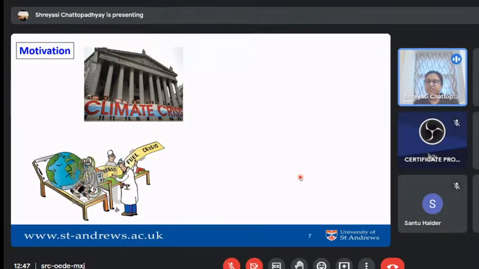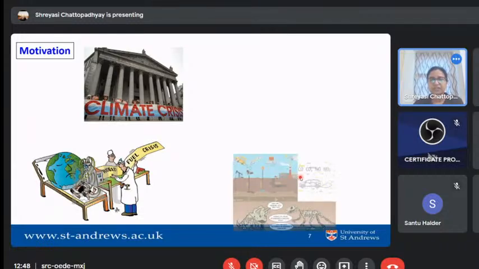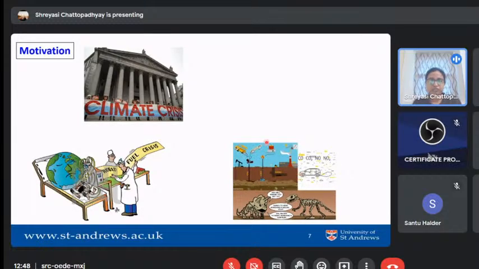So next, going for the green hydrogen. The main motivation for green hydrogen is the world fuel crisis and climate crisis. So how is it happening? It's happening from the use of fossil fuels, because we all know fossil fuels are very limited, and depending on the energy use, they might be finishing soon. So we have to think about any alternative.